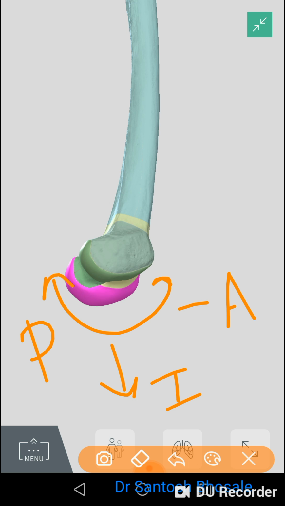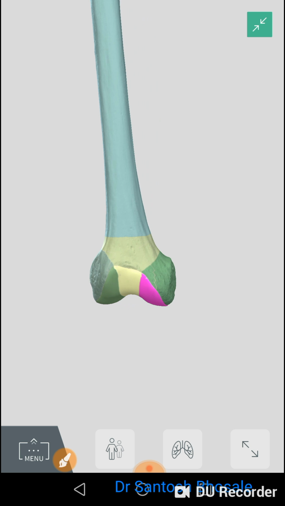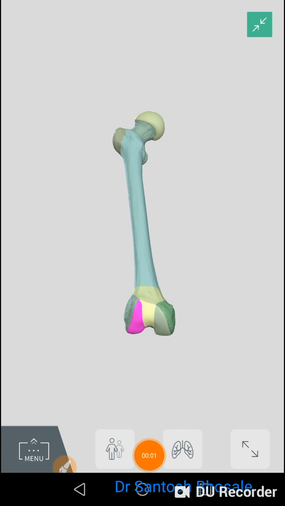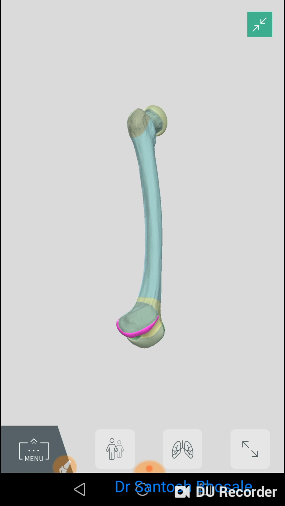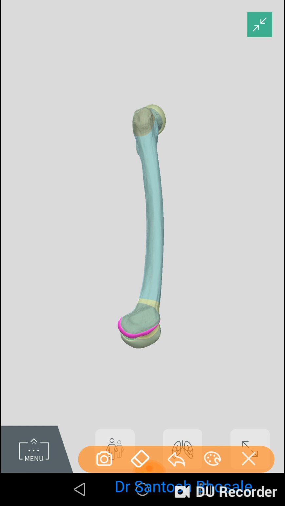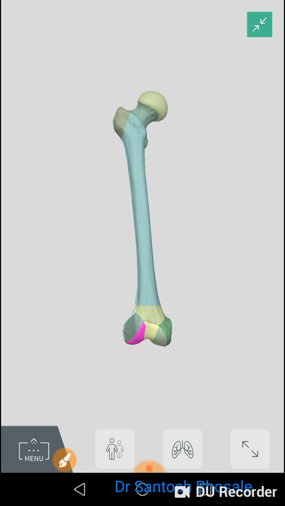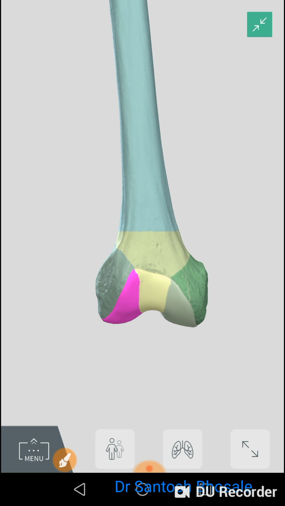They form a continuous surface and articulate with the medial condyle of the tibia. And here you can see the articular surface of the lateral femoral condyle. It is also directed anteriorly, inferiorly and posteriorly like a continuous surface and articulates with the lateral condyle of the tibia.